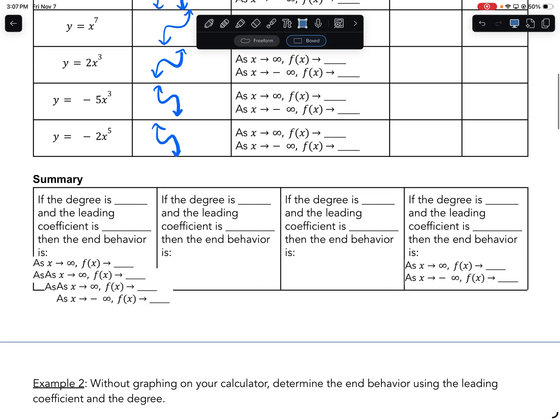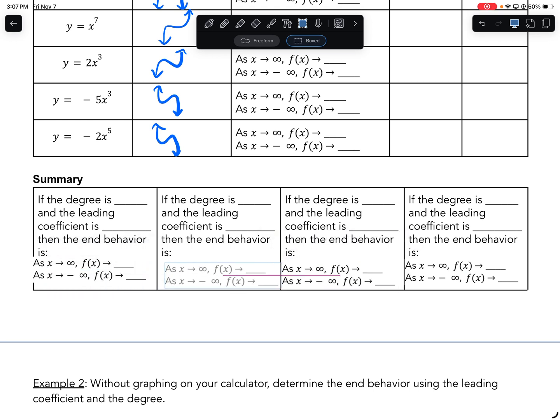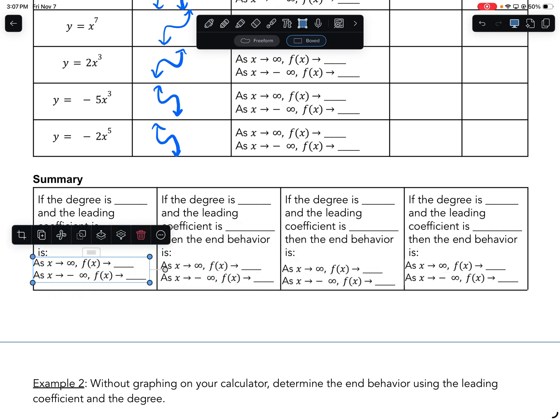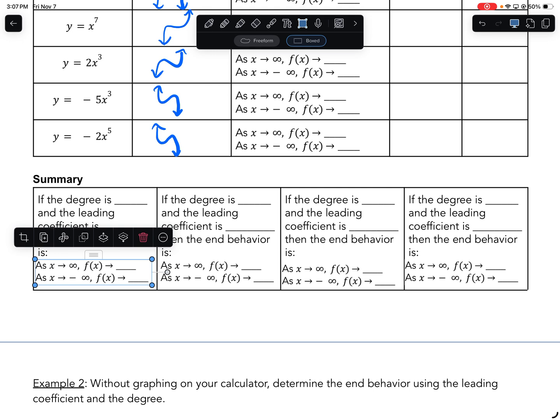On the test, I'll have it written for you, but you just have to do it on this part. So it's always: as x goes to positive infinity, comma, f of x; and as x goes to negative infinity, comma, f of x. We'll get that annoying part out of the way right now, and then we'll keep talking about the rest.